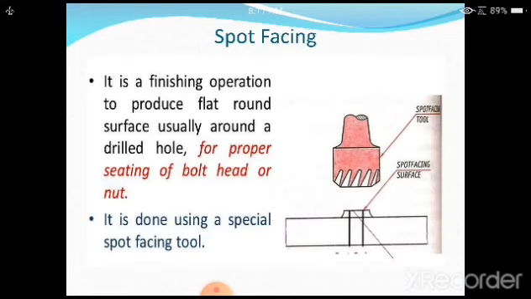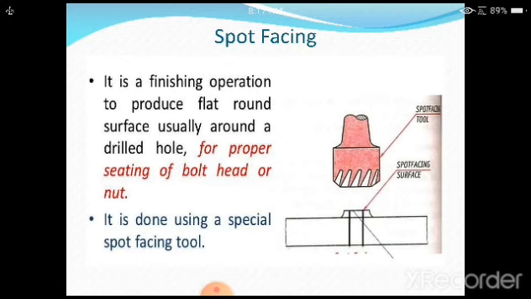The next important operation is known as spot facing. It is a finishing operation to produce a flat round surface, usually around a drilled hole. Very important for proper seating of a bolt head or nut.